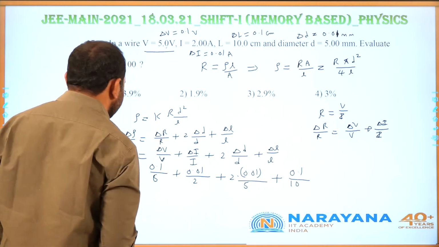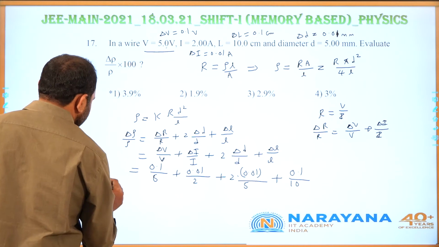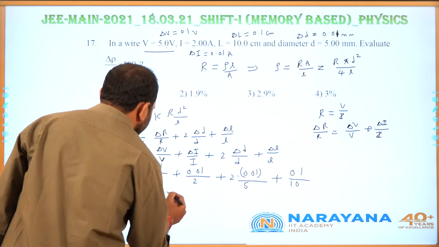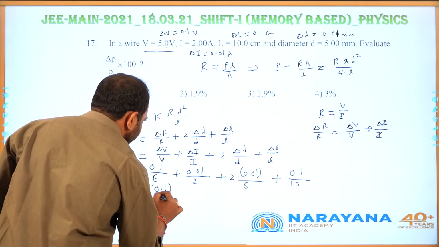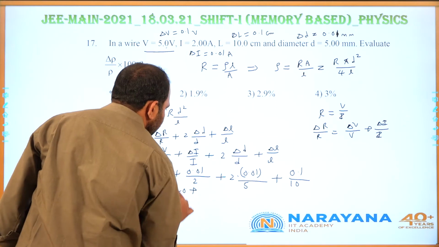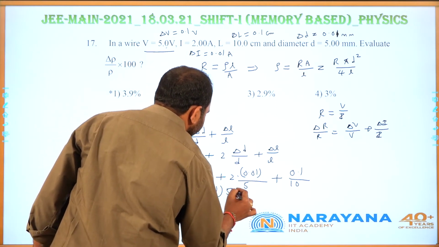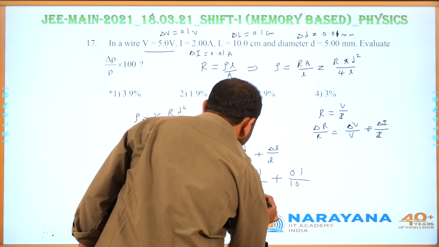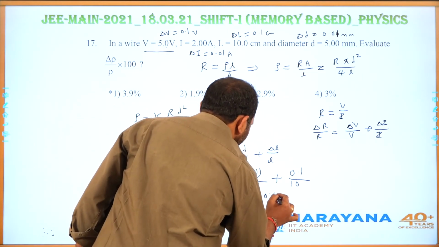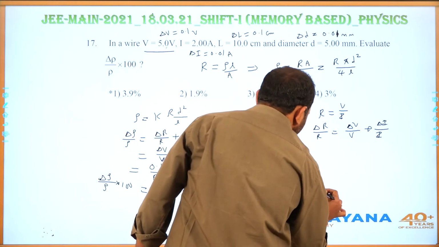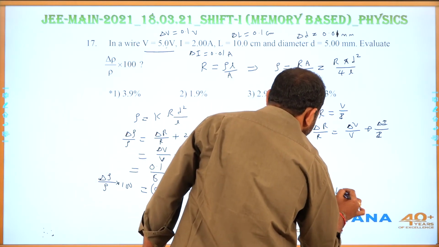Multiplying the whole expression with 100, as it is asked to find delta rho by rho into 100, we will get 0.1 into 20 plus 0.01 into 50 plus 2 times of 0.01 into 20 plus 0.1 into 10.